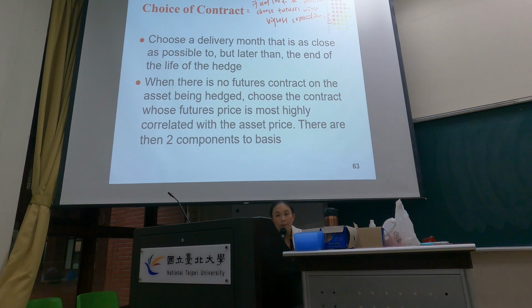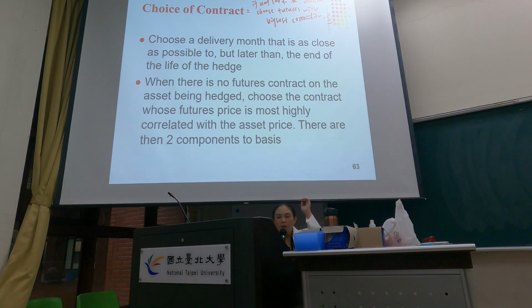Can you guys follow me? Okay. So in that case, we have to adjust the number of contracts. Okay. And actually, we learned that before already. That's the hedge ratio. So hedge ratio is to adjust the number of contracts.